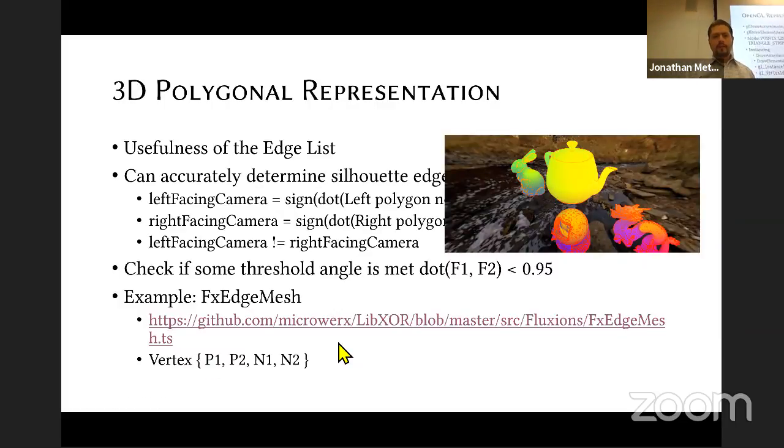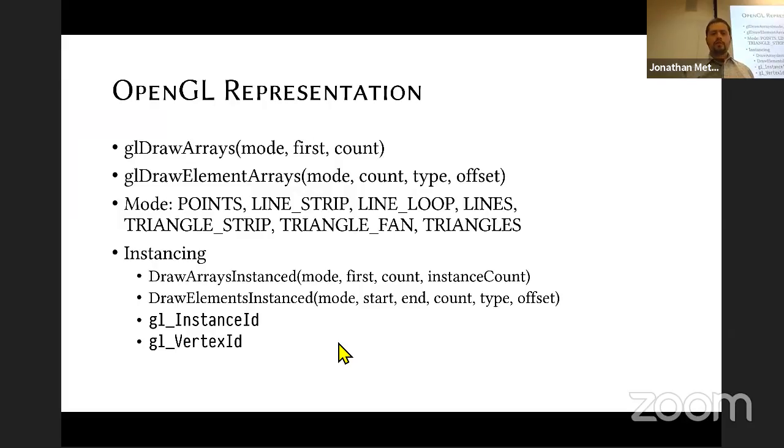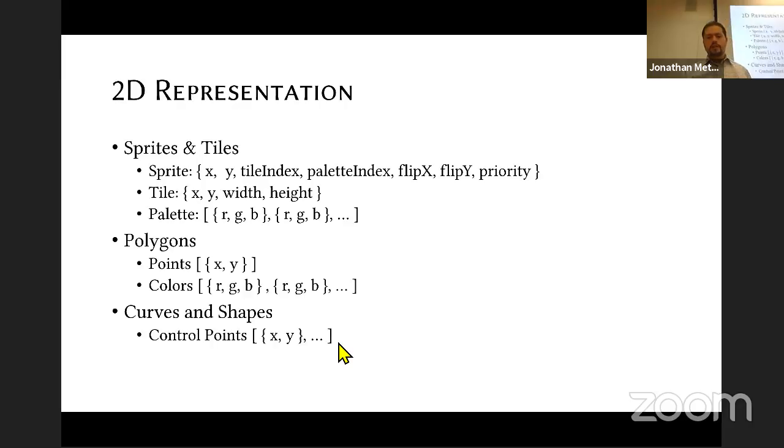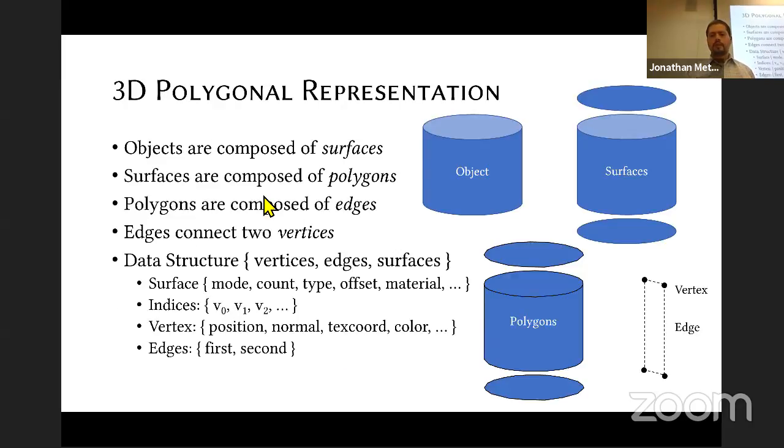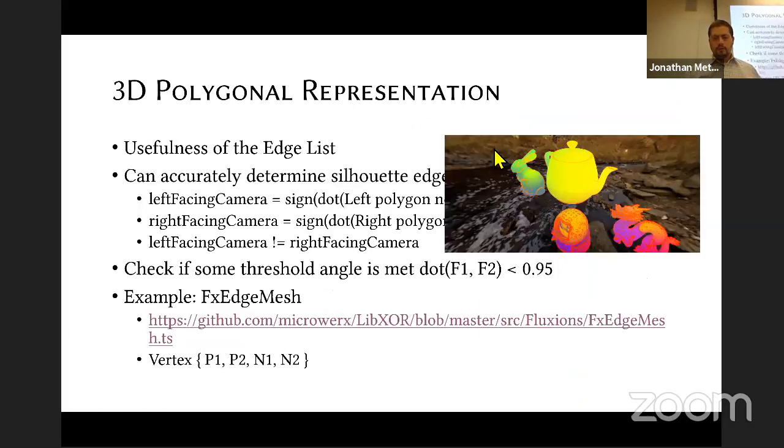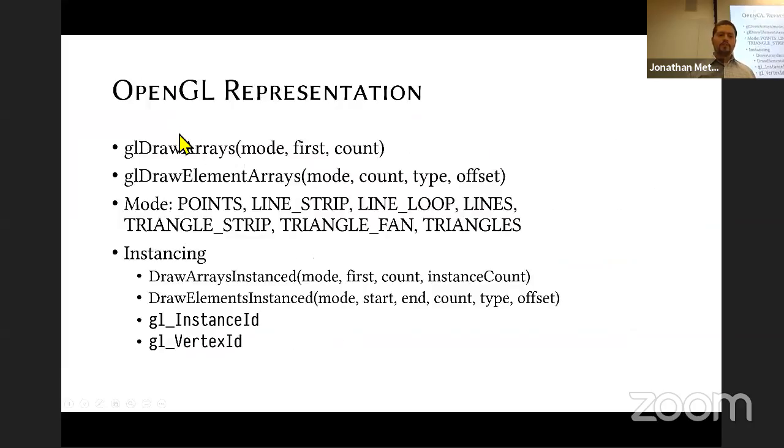Going next is the OpenGL representation. We have an object, and at some point we want to draw this on the screen. The two representations we are dealing with in OpenGL are draw arrays and draw element arrays. The difference is that draw arrays assumes you have one buffer of vertices and you just want to draw each data structure consecutively.